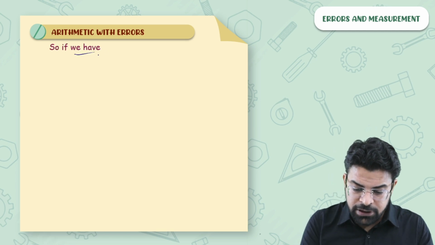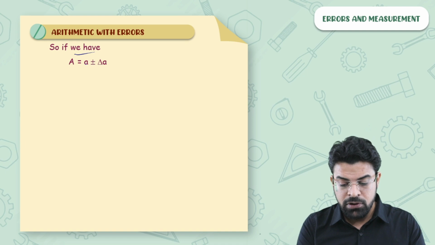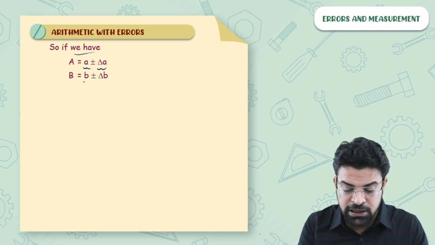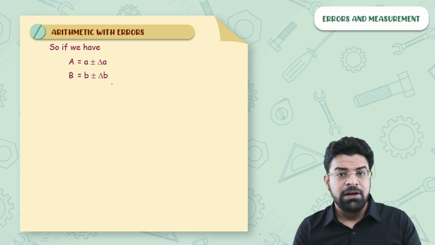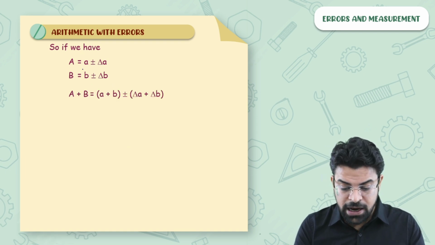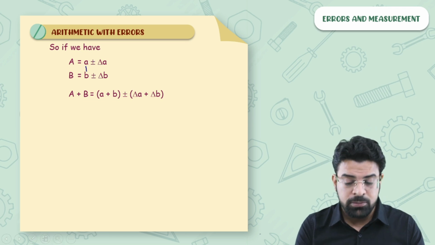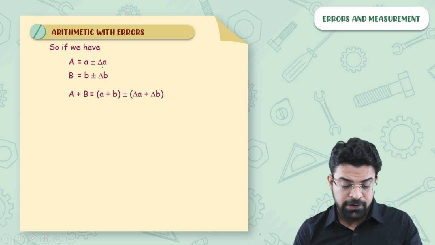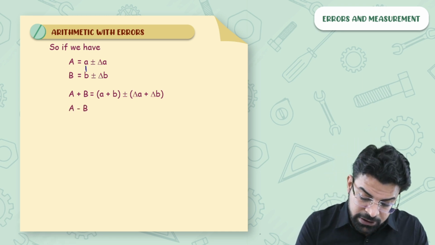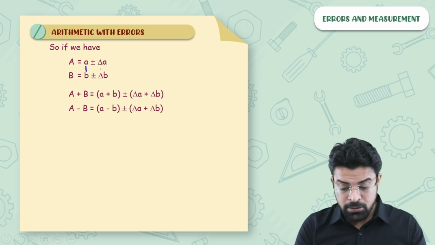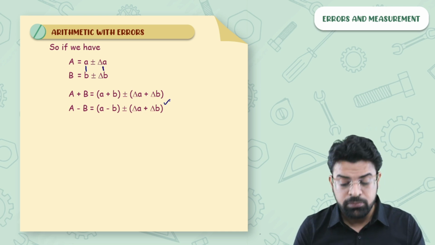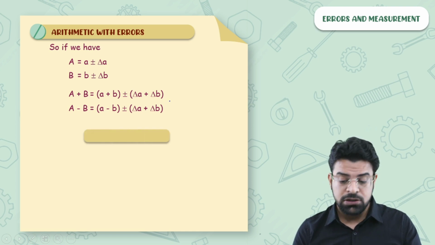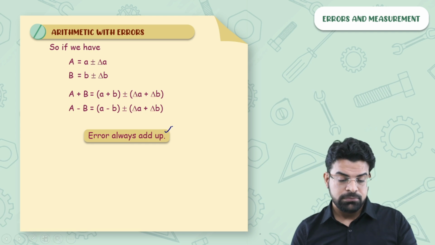So if we have two numbers A written as A plus minus delta A and another measurement B which is reported as B plus minus delta B, then when you do A plus B, you add up the absolute part A plus B and you add up the error part delta A plus delta B. But when you are finding A minus B, you subtract the absolute part A minus B, but the error again adds up, delta A plus delta B. So remember the statement, errors always add up.